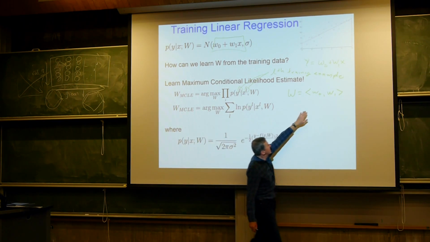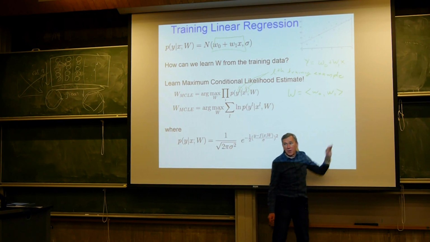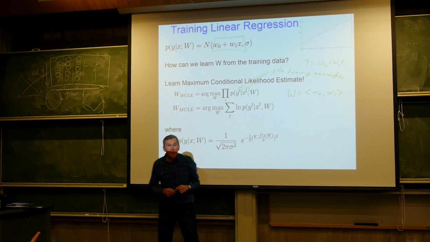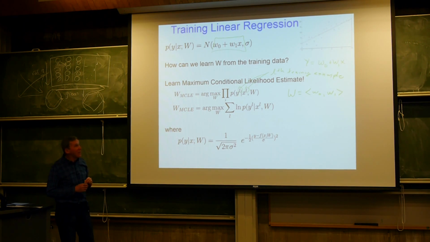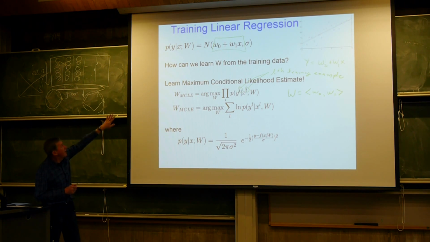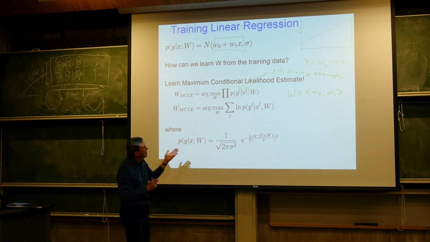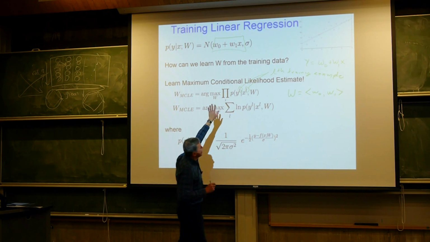If we had a vector of x's, we'll have a W2 and so on. In this example, I'm just assuming we have one x, and we're just predicting y as that function of x.